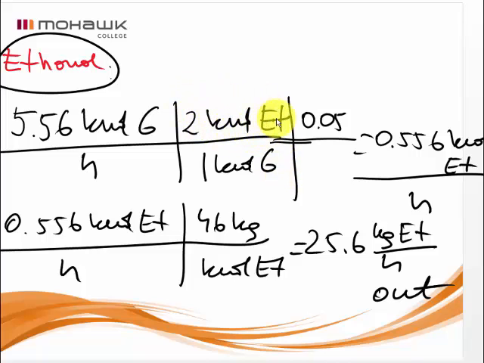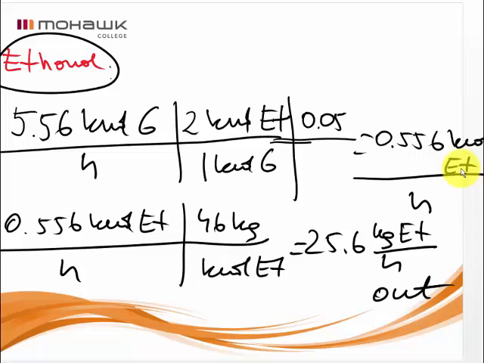And we know that we have only 5% fractional conversion of the glucose into the ethyl alcohol, and by multiplying these numbers we have 0.556 kilogram-moles of ethyl alcohol per hour.